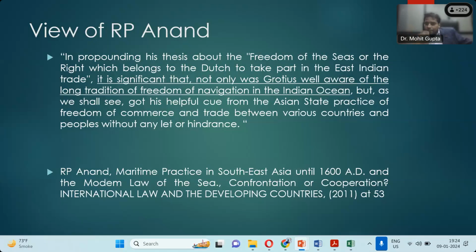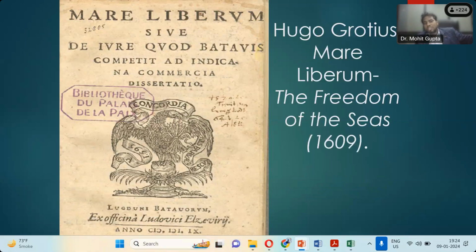But when R.P. Anand talks about Hugo Grotius, he doesn't forget to mention that when Hugo Grotius is talking about open seas, or about freedom of navigation, or about seas belonging to no one and being utilized by all, then Hugo Grotius was motivated by the state practice which was prevailing in South Asia or the Indian Ocean. So R.P. Anand says that it's okay, Hugo Grotius wrote this book, which is Mare Liberum.